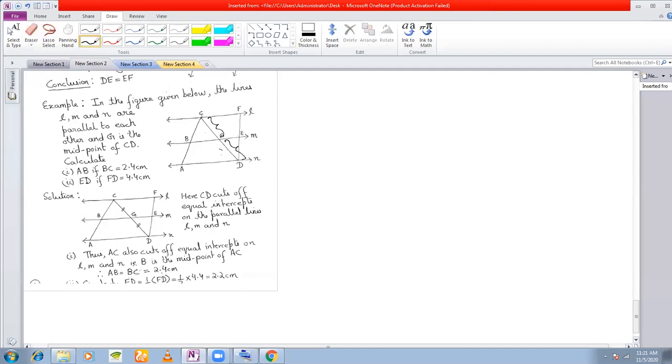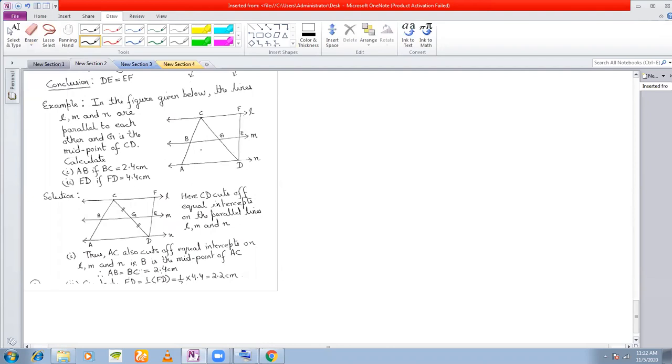If I draw this line, this must be equal to this because these two are equal, right or wrong? Yes, sir. Similarly, if I draw this line, then this must also be equal to this because these two lengths are equal. So this is the theorem of intercepts that will apply here.